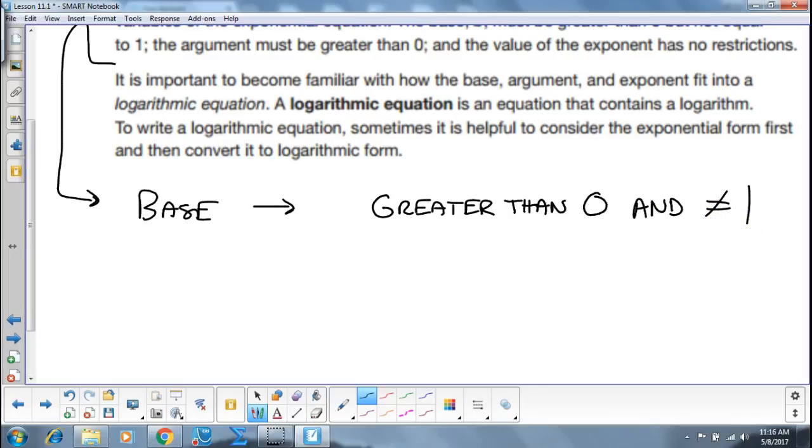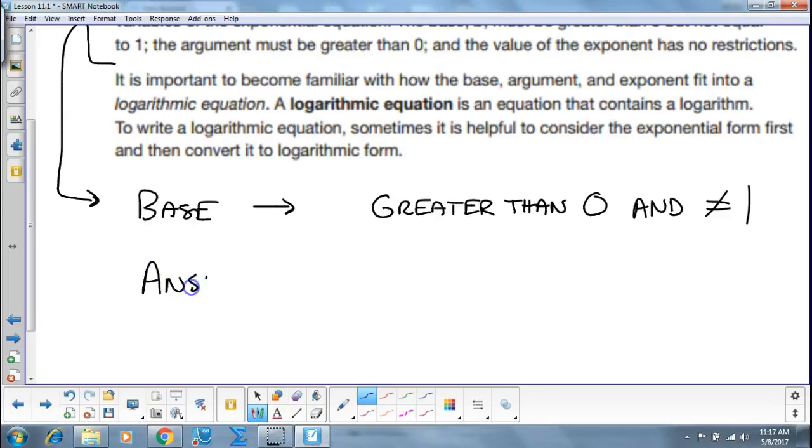We said it in the last chapter as exponential decay functions had bases between 0 and 1, and exponential growth functions had bases greater than 1. So basically they're saying, right now, it doesn't matter if growth or decay. We're just concerned that the base is greater than 0, but not equal to 1.